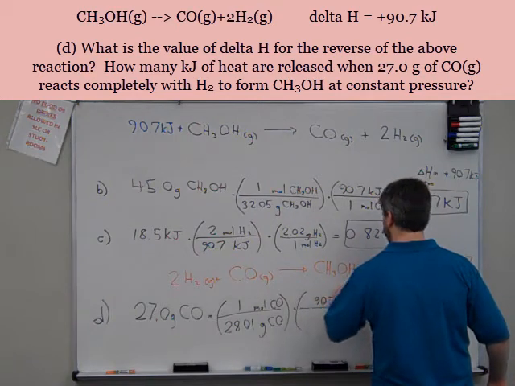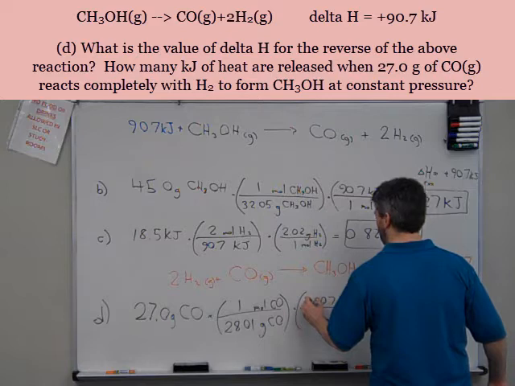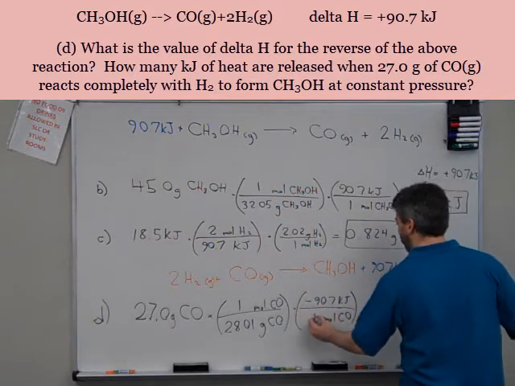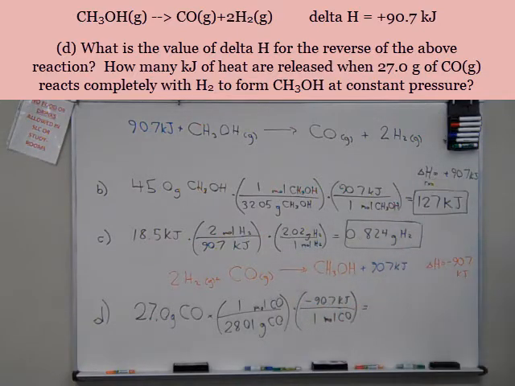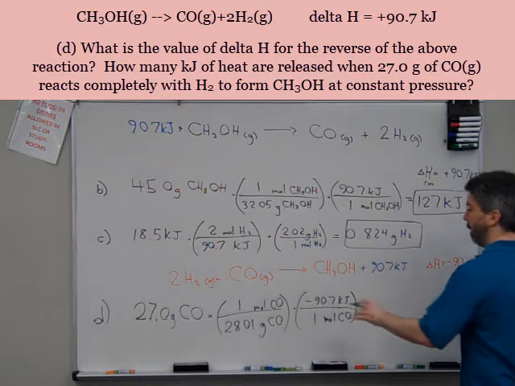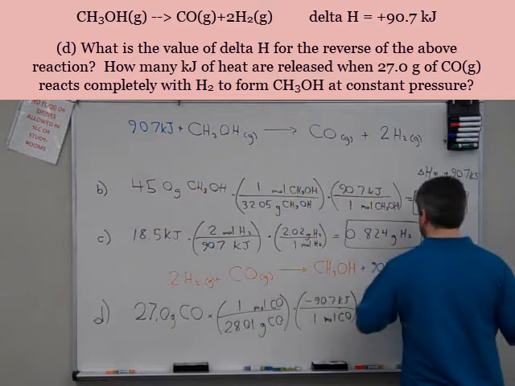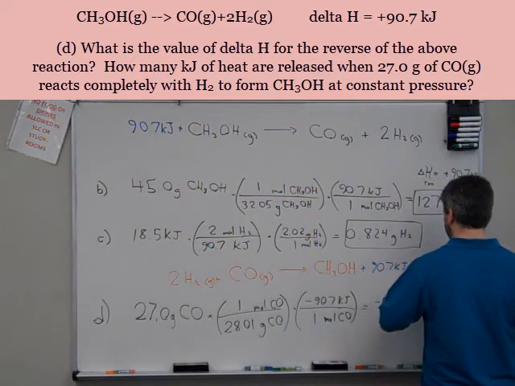Now here's the thing. Is this positive or negative? Negative, because it's being released, right? Now here's the deal though. If I multiply the top, divide by the bottom, what do I get? 87.4. Negative 87.4 kilojoules.